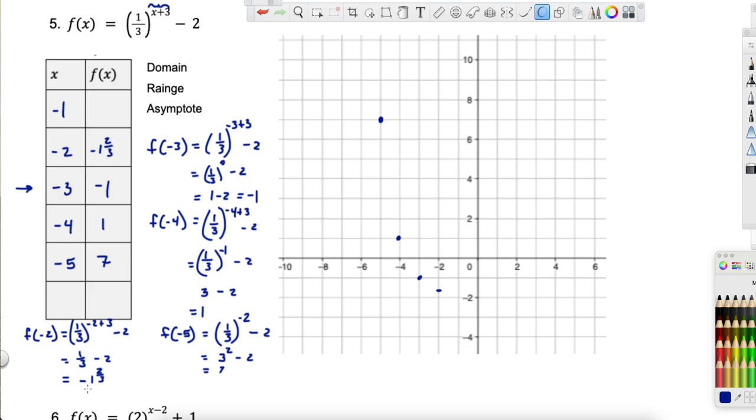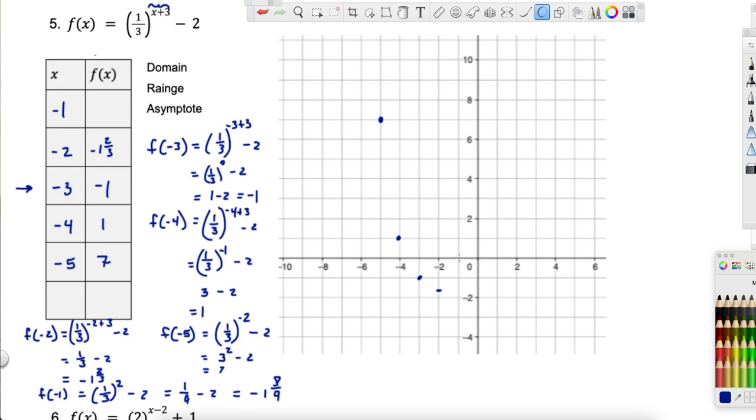And then F, running out of room, F of -1 is going to be equal to 1/3 raised to the second power here, right? -1 plus 3 is 2. Okay, and that's going to be 1/9 minus 2, which is -1 and 8/9.